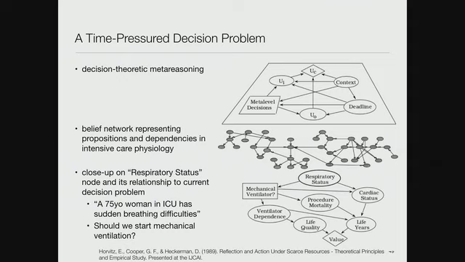So they designed an architecture that says, well, this is the decision that you're trying to make, which they're modeling by an influence diagram. So this is a Bayesian network with the addition of decision nodes and value nodes, but you use Bayesian network techniques to calculate optimal decisions here.